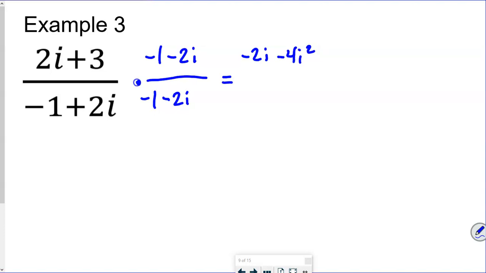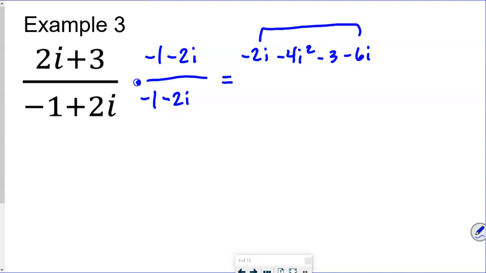That's the outside. The inside here is going to be 3 times negative 1, which is negative 3. And then we've got our last terms, right? So then we've got 3 times negative 2i, which is negative 6i.